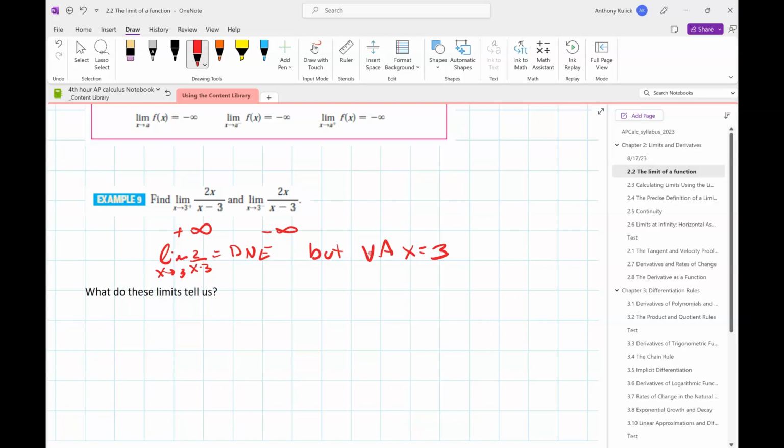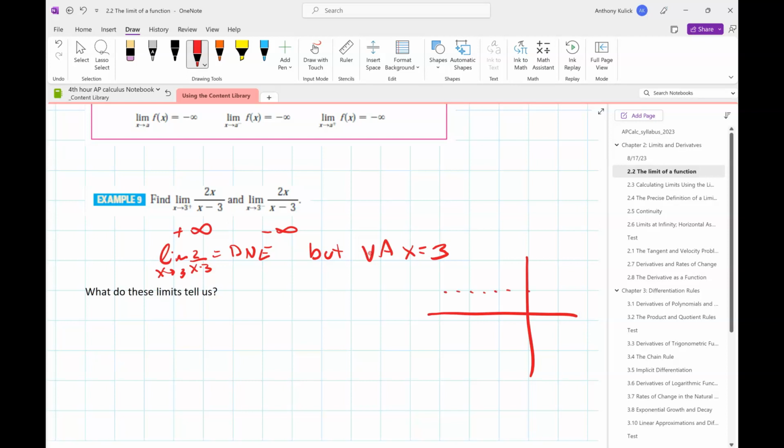Maybe I'll be more specific. I'll write that in and say that the limit at 3 for 2x over x minus 3 does not exist. And if you look at the graph, what are you going to see?